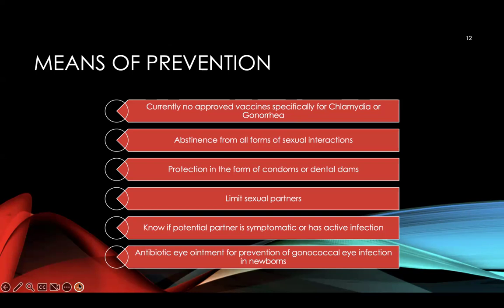And also protection in the form of condoms or dental dams would also be a very prominent means of prevention if you are sexually active. Also to limit sexual partners would be another method. Also, simply knowing if your potential partner is symptomatic or has an active infection, so keeping up with testing. And also, especially with gonorrhea, antibiotic eye ointment for prevention of gonococcal eye infection in newborns would be a prevention method as well.